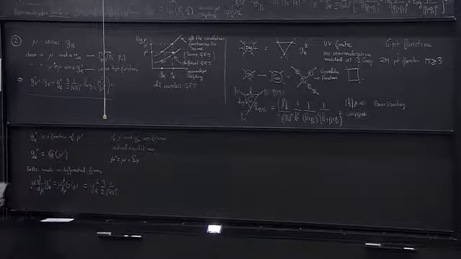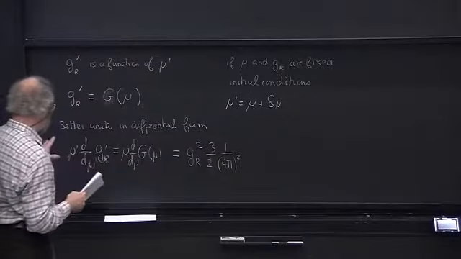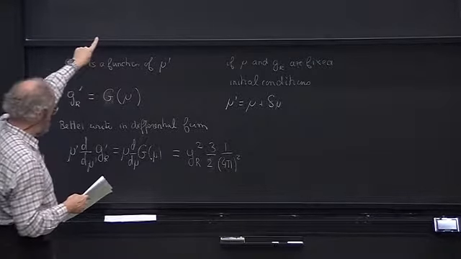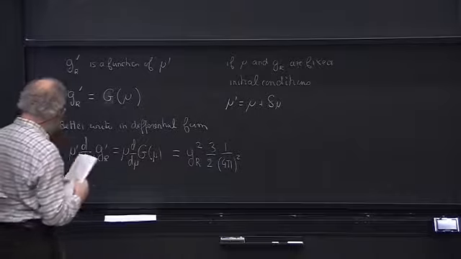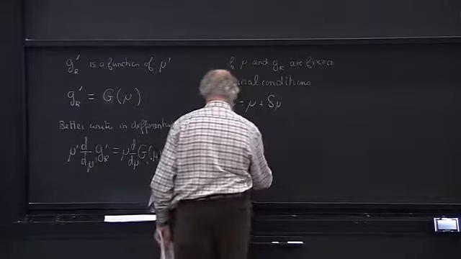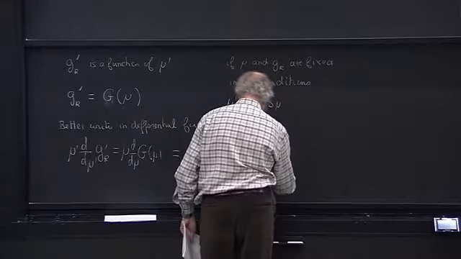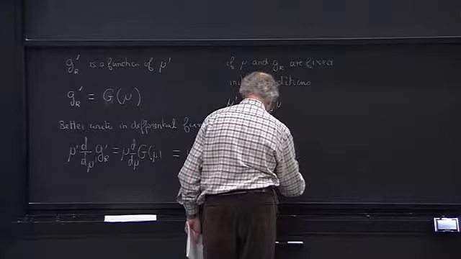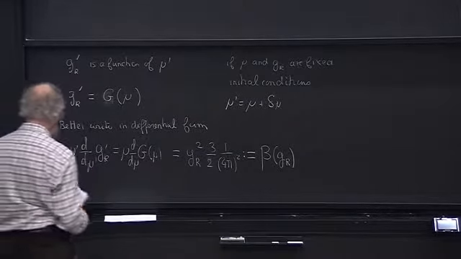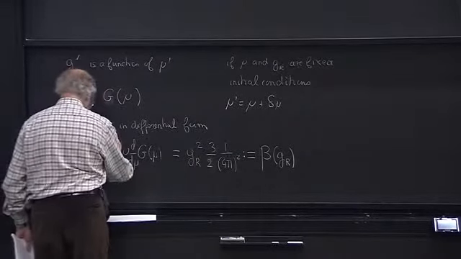Okay? So this is a differential form of this relation. By definition, this is called the beta function relative to the coupling g_R.